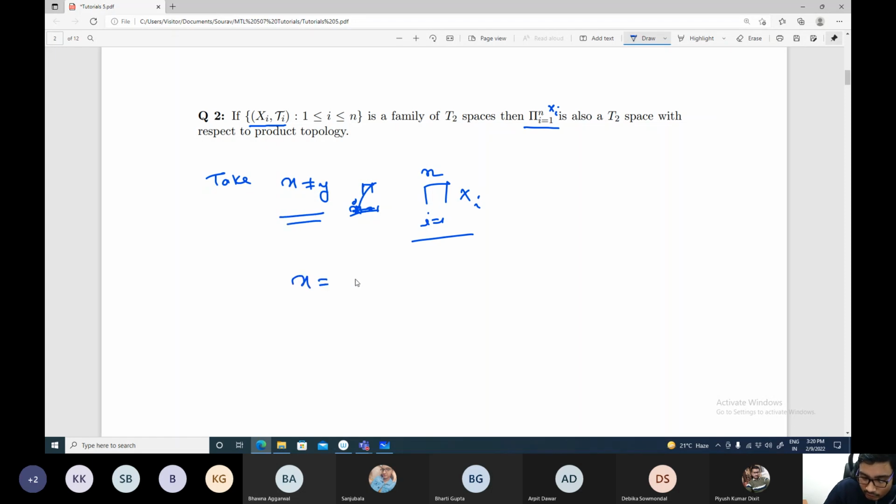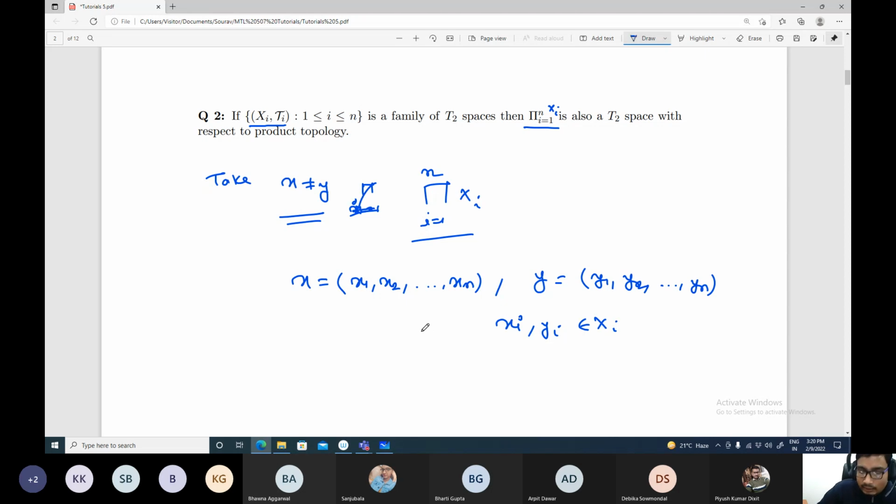This x will be of the form x1, x2, up to xn, and y will be of the form y1, y2, up to yn, where xi and yi belong to Xi. Then what can we say when these two are not equal?